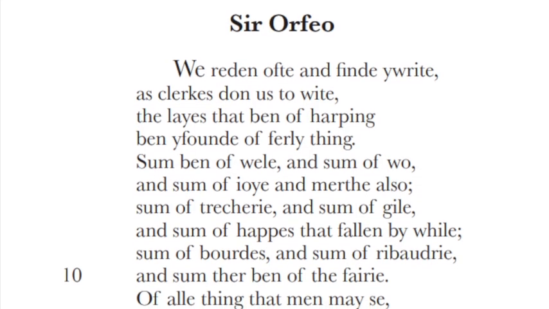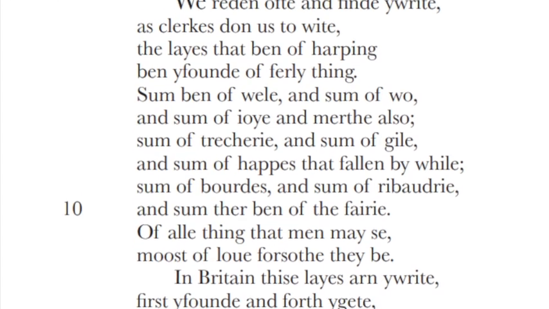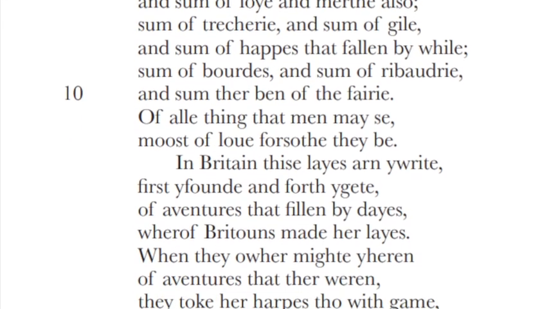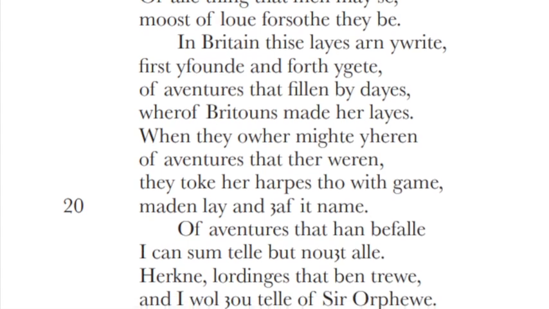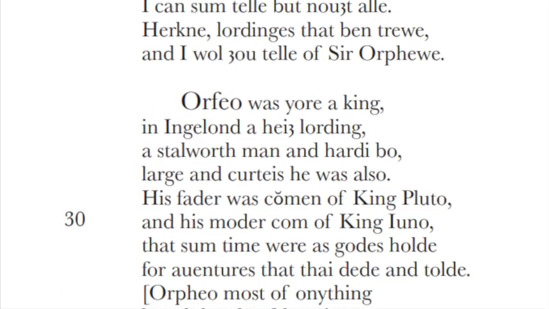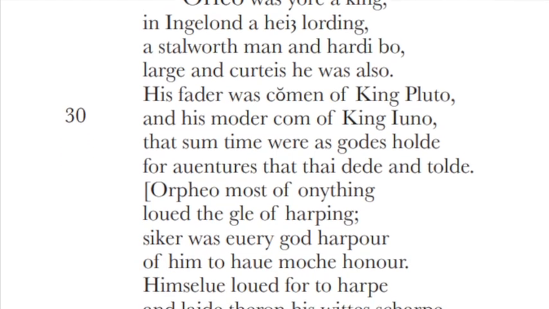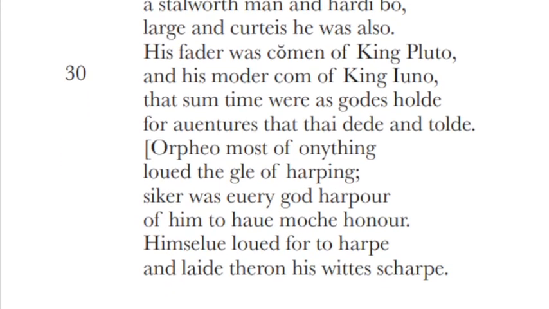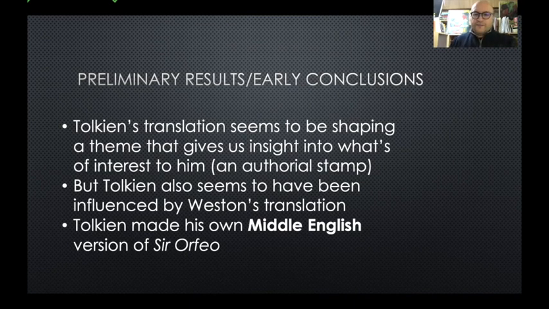And I've also learned that he made his own Middle English version of Sir Orfeo, and from this Middle English version, he translated into modern English the version that I'm using here. So this would really affect how I would look at this.